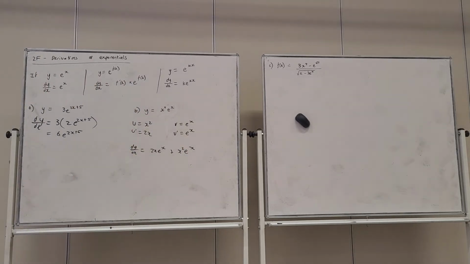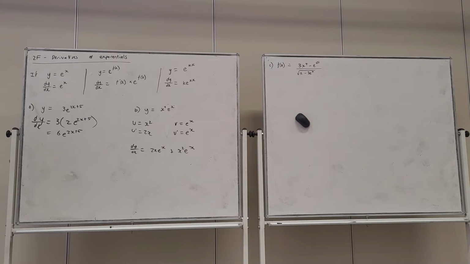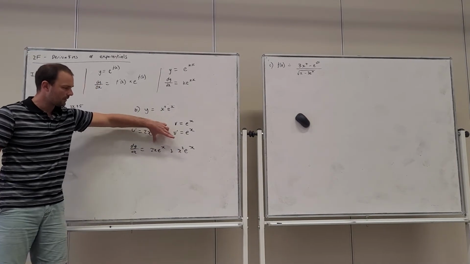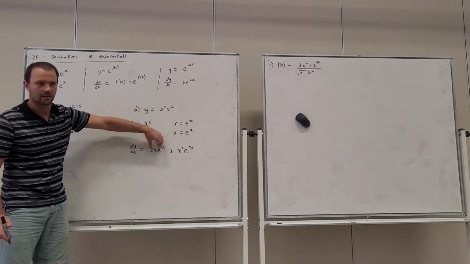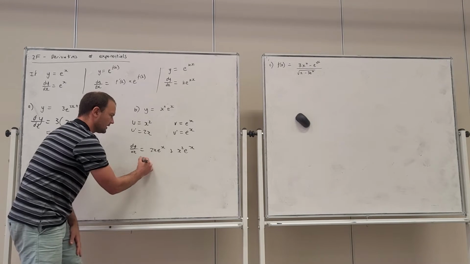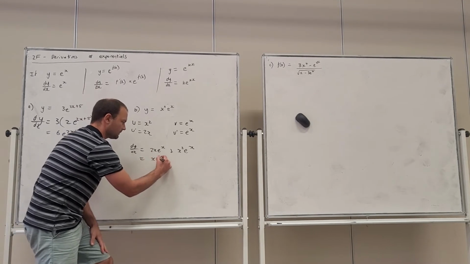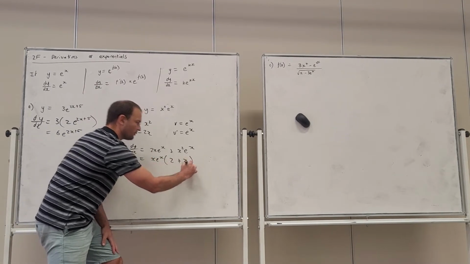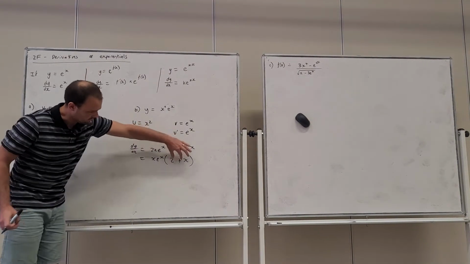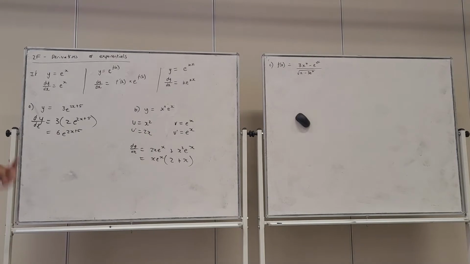So product rule has the plus, quotient rule has the minus. All right, and now, another way we could express this is by factorising it. If I'm looking along here and I'm going, what's common to both of these terms is x and e to the x. We could factorise that and we'd be left with 2 plus x. If you expand this, it gives you what we have above. So that can be one way we can express it.